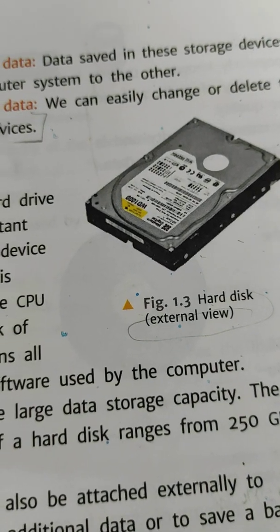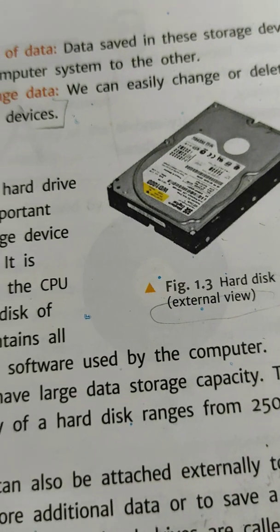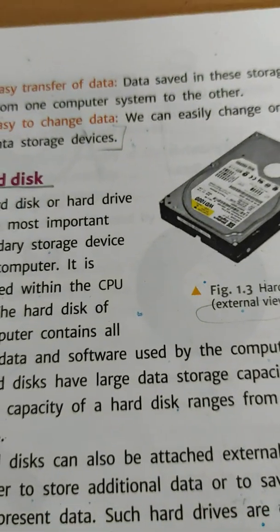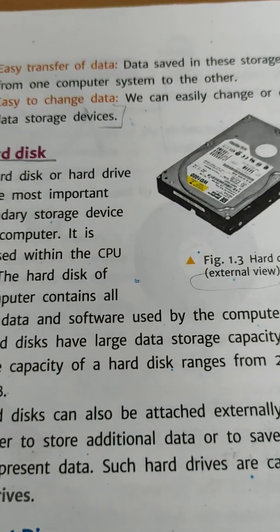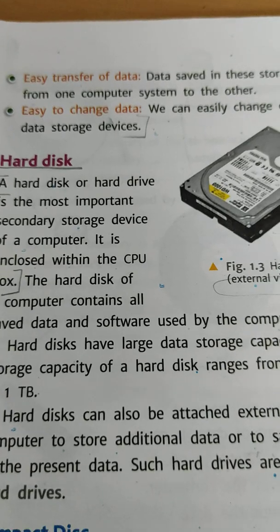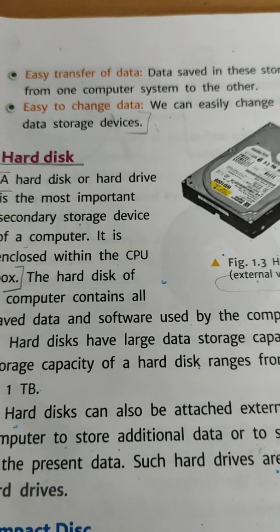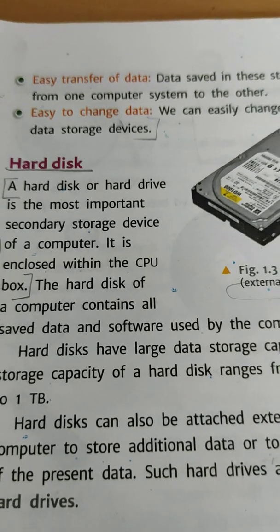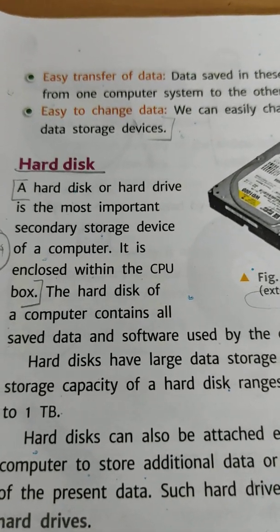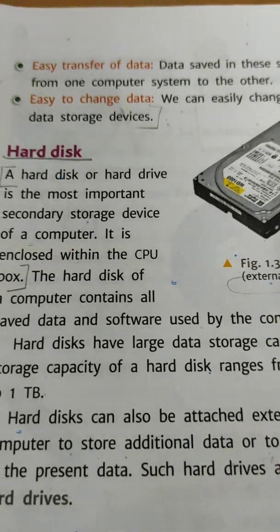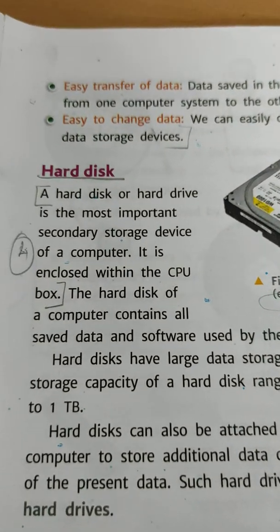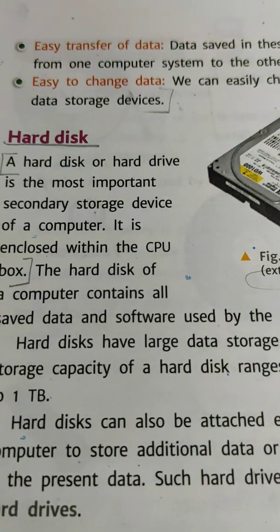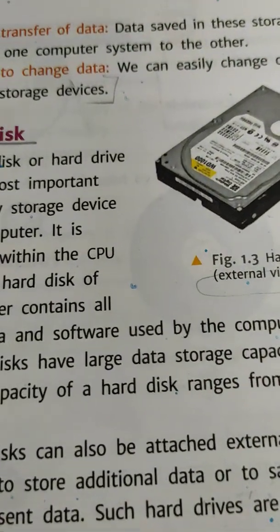The storage capacity of the hard disk ranges from 250 GB to 1 TB. GB means gigabyte and TB means terabyte. This much big capacity is there, that's why we can save any data in a computer.